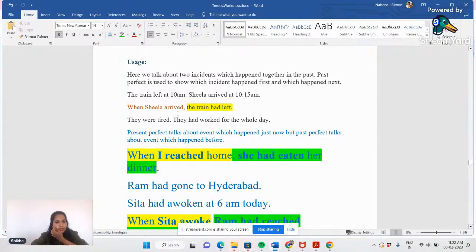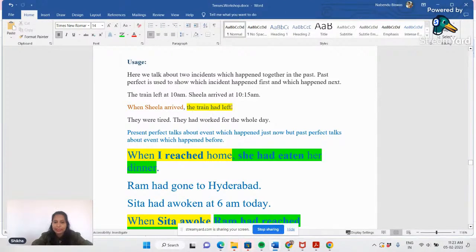If you analyze this sentence, you will understand that in 'when Sheila arrived', Sheila is the subject and arrived is the verb, so it is in its simple past form. 'The train had left' is past perfect.